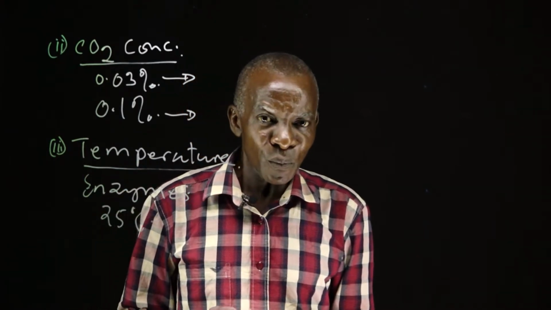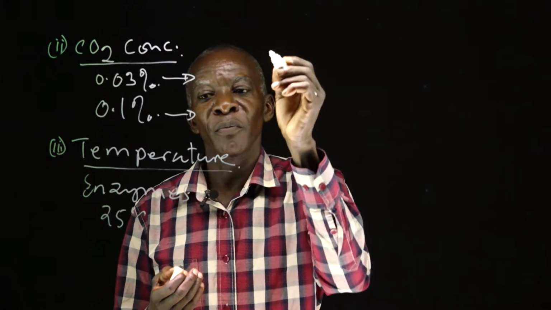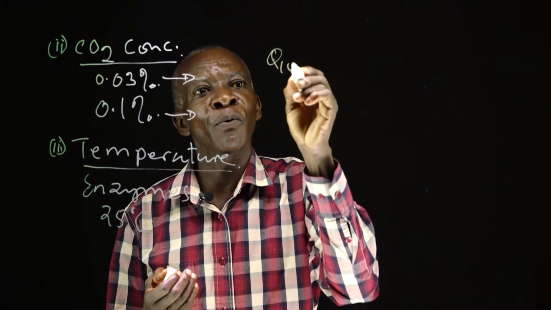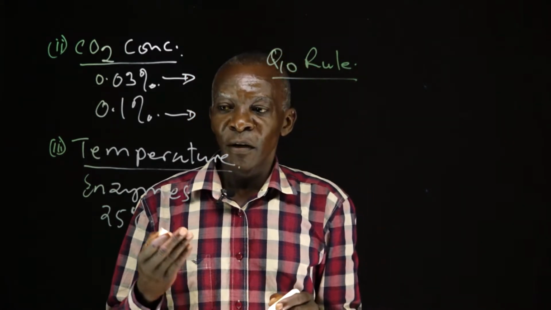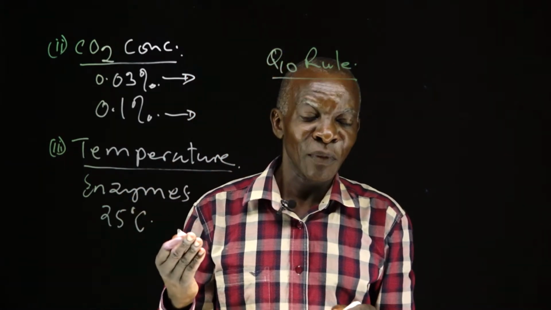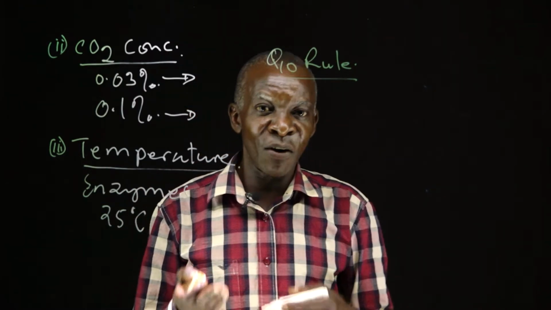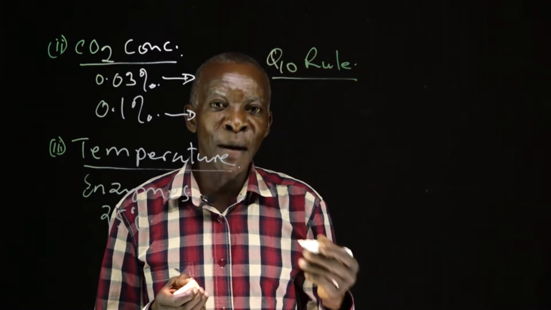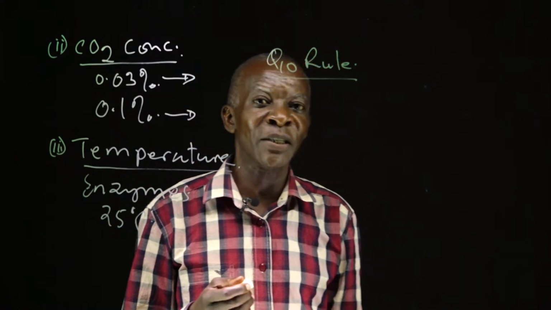However, according to the Q10 rule, from 25 to 35 degrees centigrade, the rate of photosynthesis doubles for every 10 degrees centigrade rise in temperature.